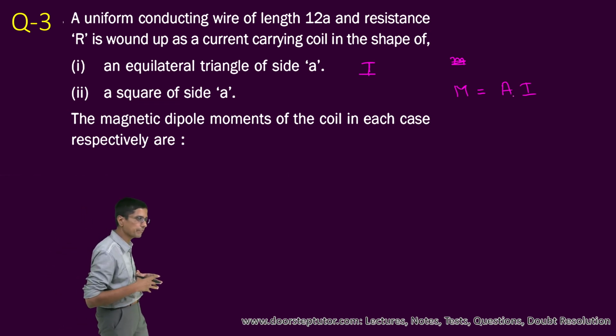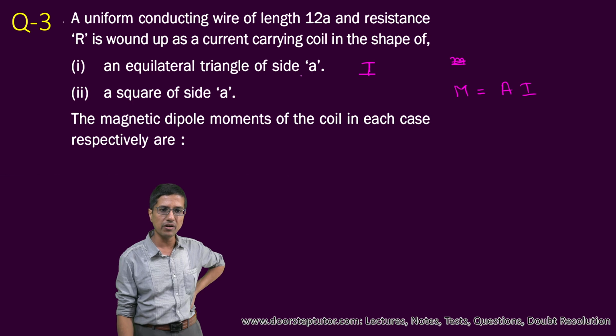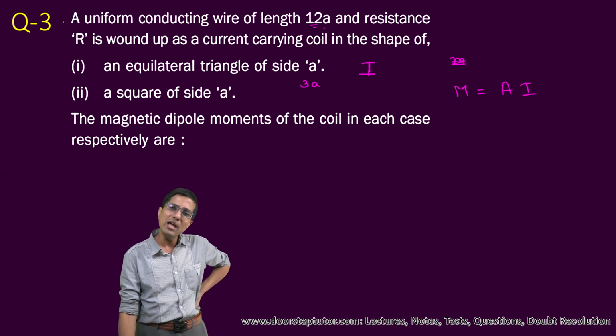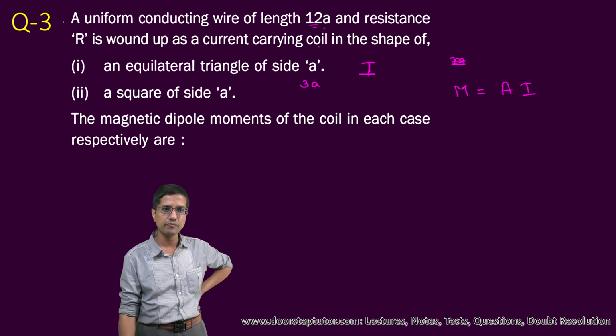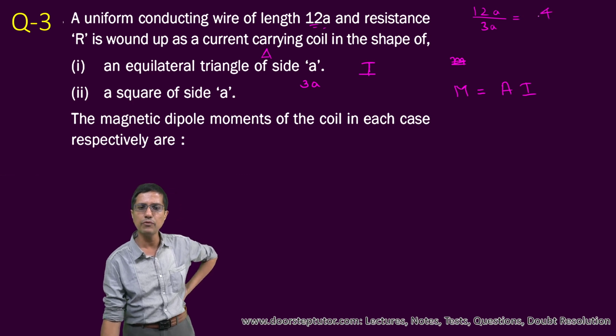Okay, so if I have an equilateral triangle of side A, then the perimeter of this equilateral triangle is 3A, and the total length of the wire is 12A. So how many such triangular loops of side A can be formed? It is 12A by 3A, and that is equal to 4. So I'll get 4 such loops.